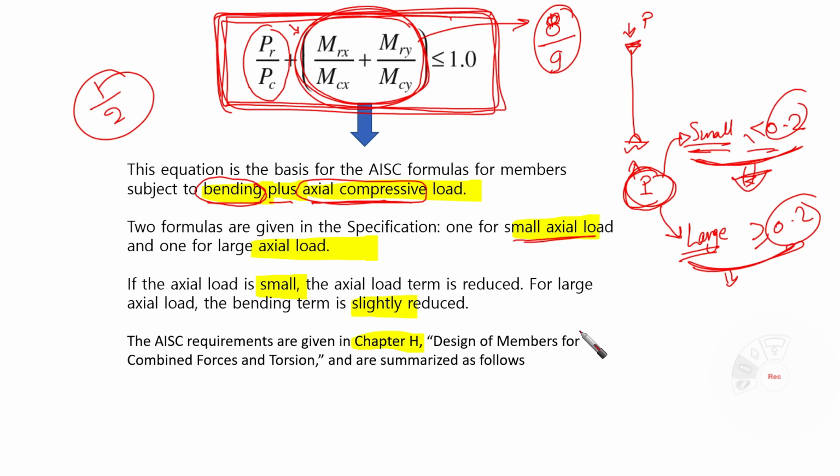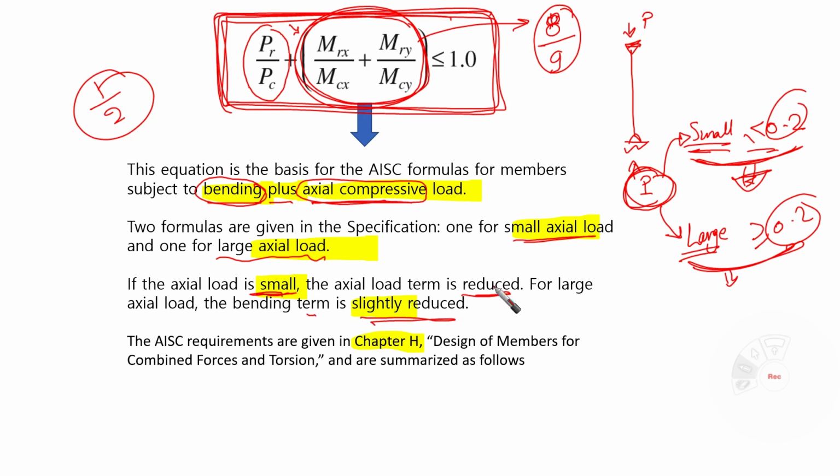So the two formulas are given in the specification, one for small axial load and one for large axial load. If the axial load is small, the axial load term is reduced. And for large axial load, the bending term is slightly reduced.